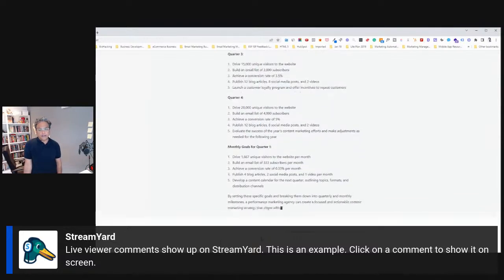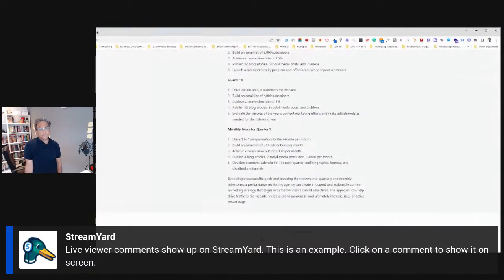It's got lost. Wow, it's able to do the calculation. It can divide it into monthly goals. Interesting.